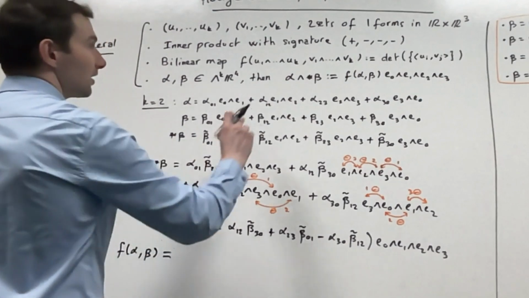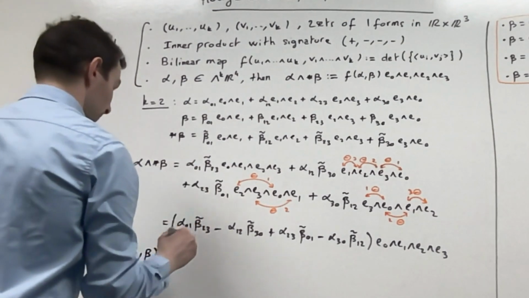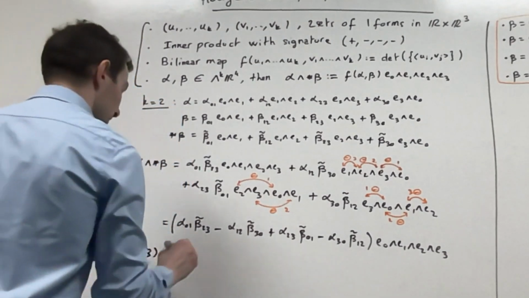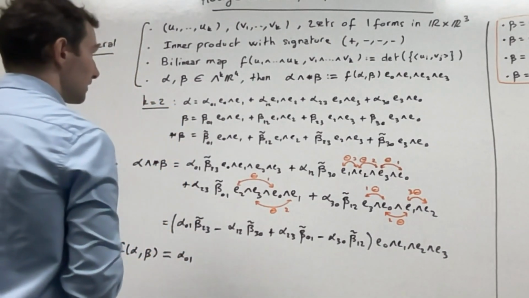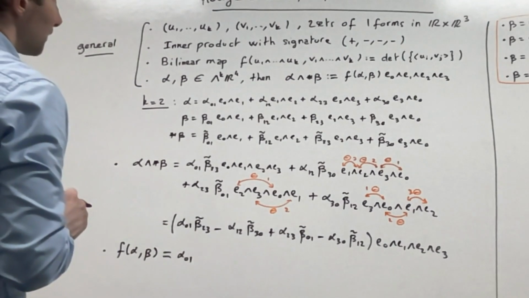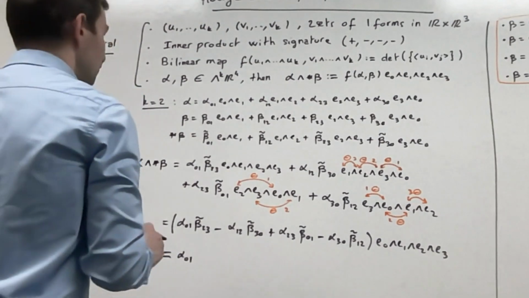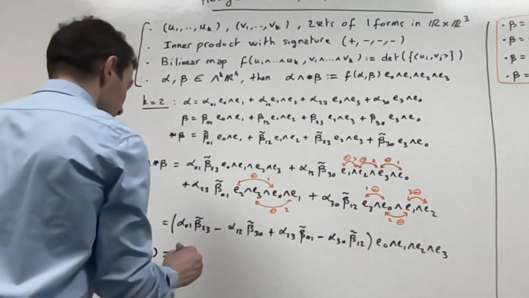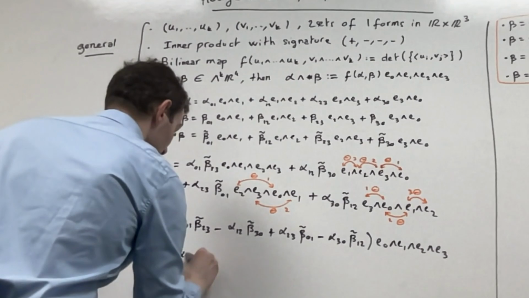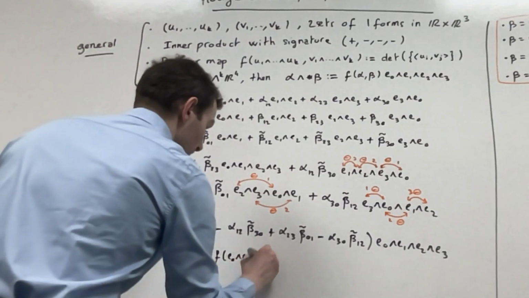So I need to look at all possible pairs. Here I'm going to have alpha 0, 1, and then beta 0, 1, f of E0, E1, E0, E1.